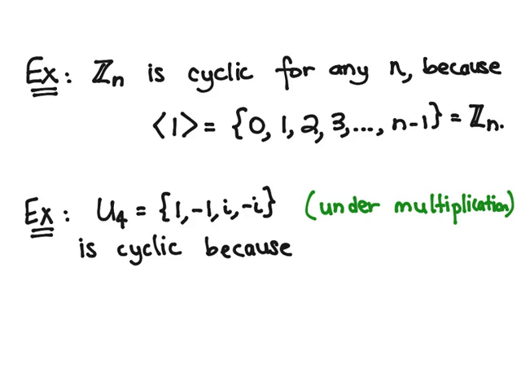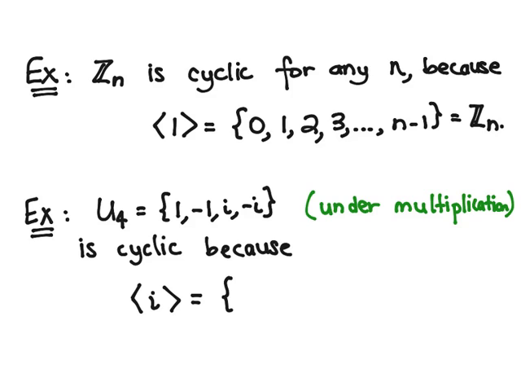One other cyclic group we've met so far is the group U4, which consists of the complex numbers 1, -1, i, and -i. That's a group under multiplication, and I claim it's a cyclic group. To show that, I should find an element inside of U4 such that the subgroup generated by it is everything. If you try some different elements, you'll eventually find that the element i works.